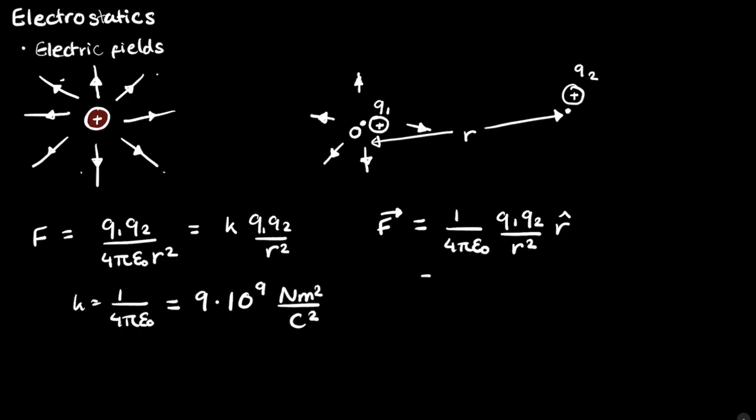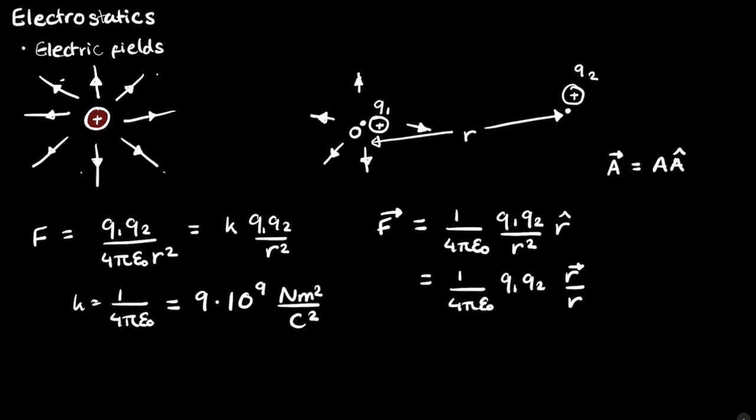Now you can also express this as 1 over 4 pi epsilon 0 q1 q2, but instead of r hat I'm actually going to write r vector divided by the magnitude of r. You guys probably know that to get the unit vector, you take the vector itself and divide it by the magnitude of that vector. So normally a vector a equals the magnitude of a times a unit vector in the direction of a, which we normally put as a little a hat.